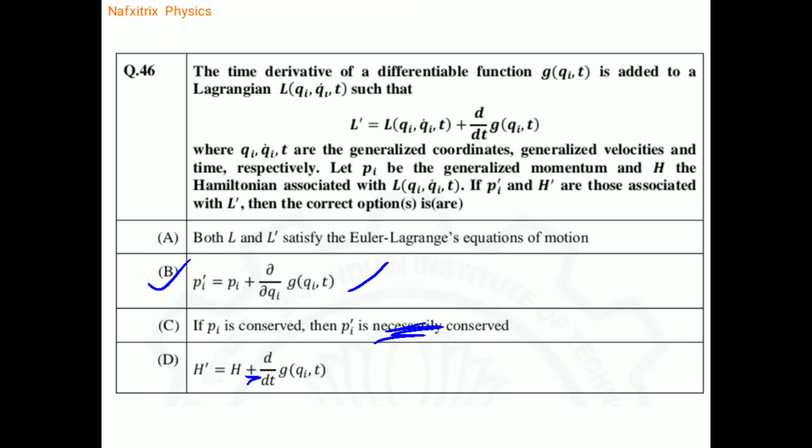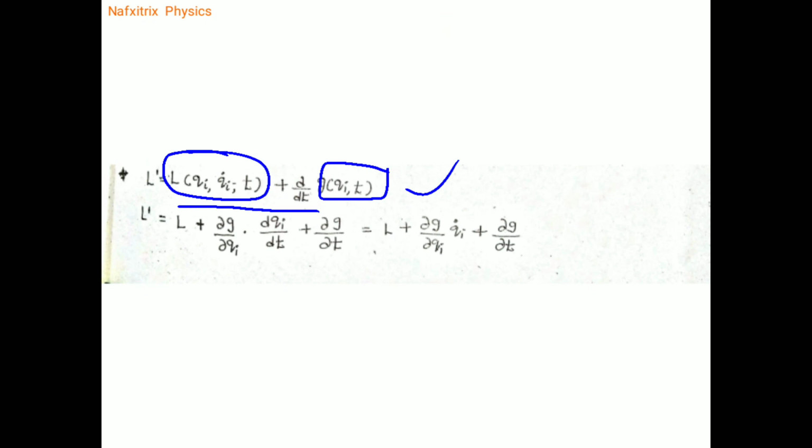And this one: both L and L dash satisfy the Euler-Lagrange equations of motion. We know that the Lagrange equation of motion is d by dt of ∂L/∂qi dot minus ∂L/∂qi equal to 0. In general the Lagrangian should be a function of generalized coordinates, generalized velocities and time.